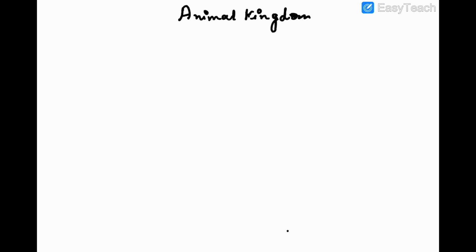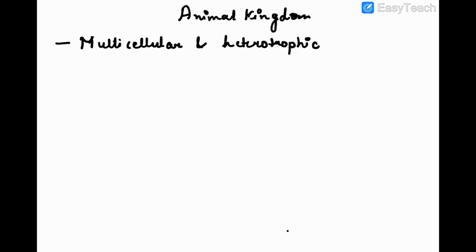So let's start. Animals are multicellular and heterotrophic organisms. Heterotrophic means they cannot prepare their own food.